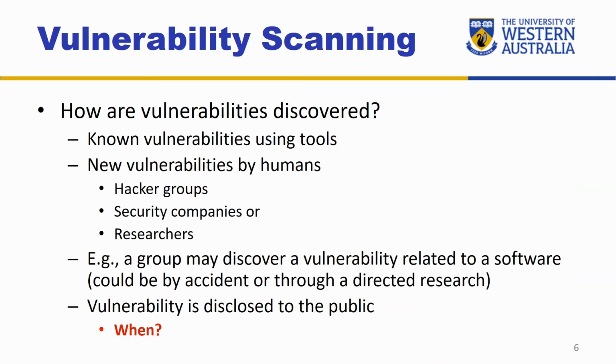So how are those vulnerabilities discovered? Well, there are various tools available which can be used. We'll have a look at some of them shortly. But typically those tools will identify the known vulnerabilities, so those vulnerabilities are already exposed. If you remember in week 4 when we did the attack classifications, we talked about zero-day vulnerabilities and zero-day attacks.